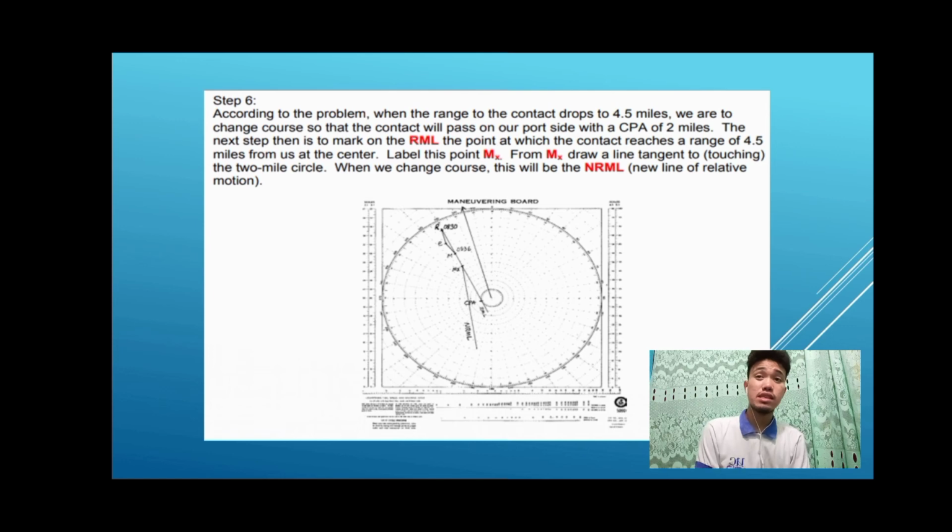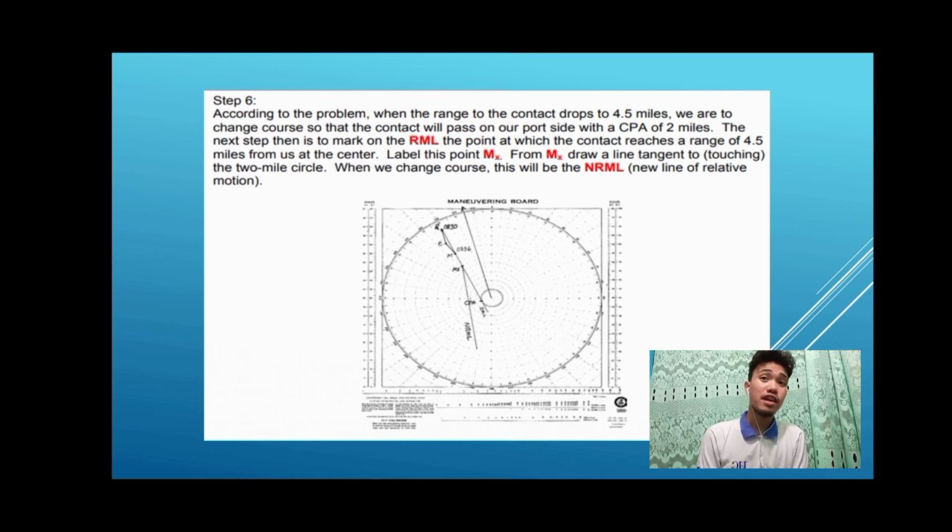Step 6 is that according to the problem, when the range of the contact drops to 4.5 miles, we are to change course so that the contact will pass on our port side with a CPA of 2 miles. The next step is to mark on the relative motion line, or the RML, the point at which the contact reaches a range of 4.5 miles from us at the center.